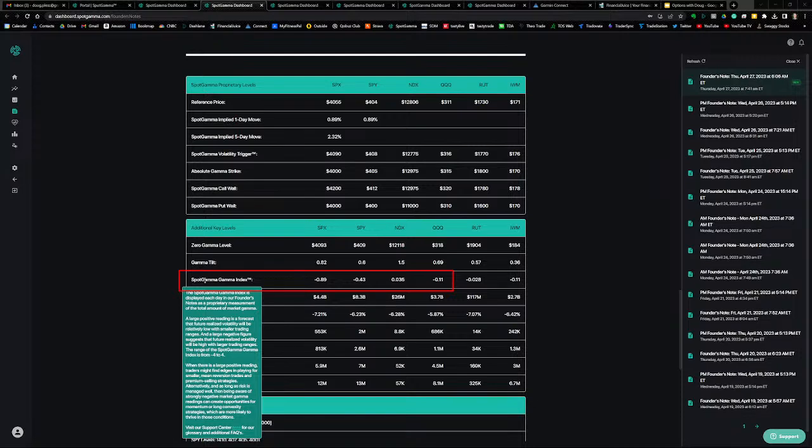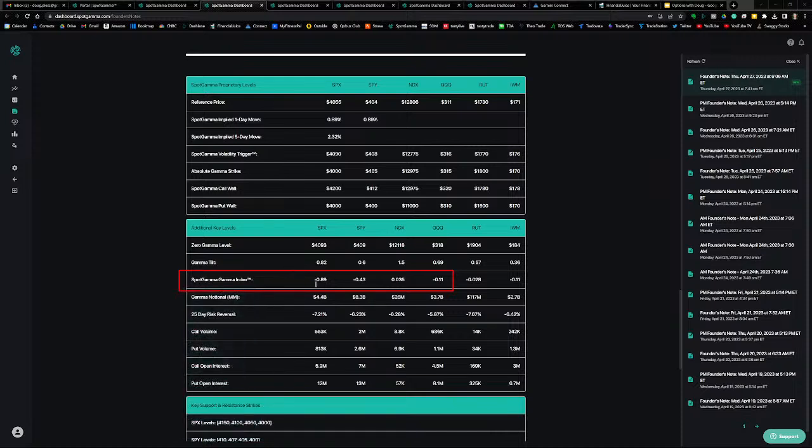It's a proprietary measurement of the total amount of market gamma for market makers, and a negative position would indicate that market makers' position on the gamma curve is negative, and that tends to, again, enhance volatility. So when market makers' position on the gamma curve is negative, you can expect a wider trading range and higher volatility for the day.